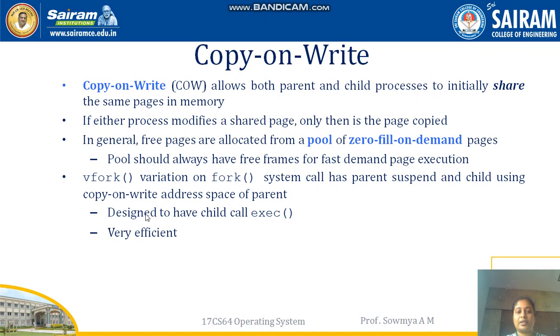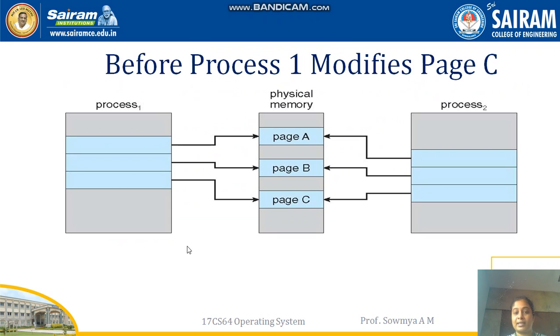So here we have vfork. It's a variation of fork, similar to fork, but it uses copy on write address space for the parent. Designed to have the child call exec, it is very effective compared to normal fork. First we'll see how it works. Before modifying any data, consider process 1 as our parent and process 2 as our child.